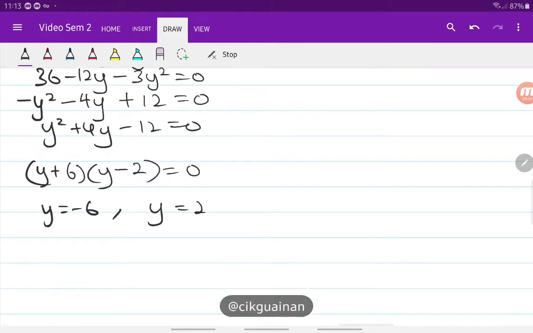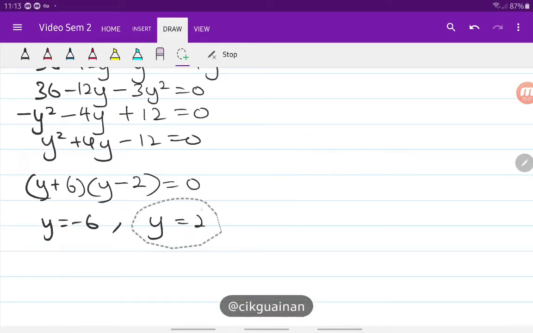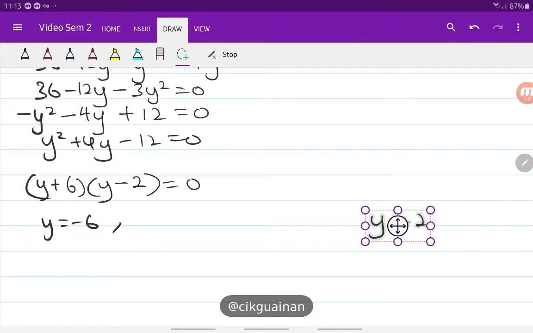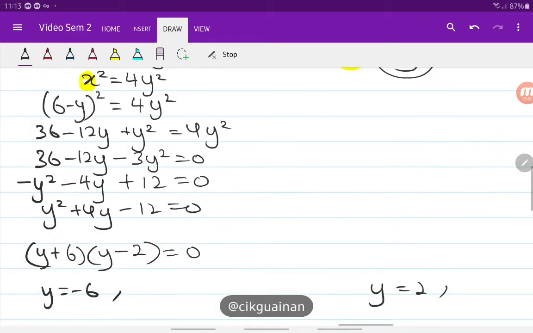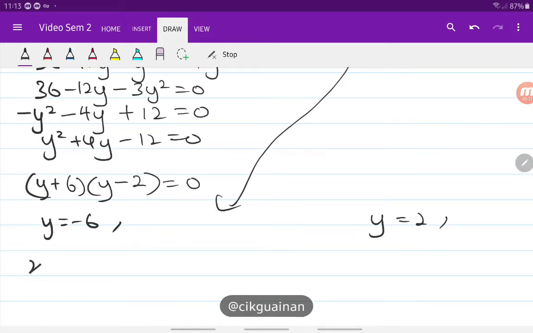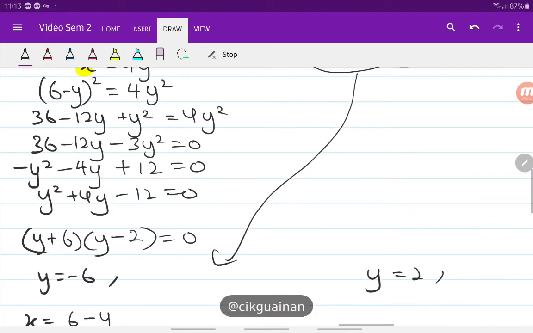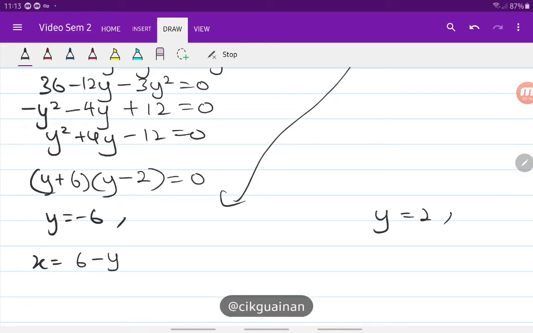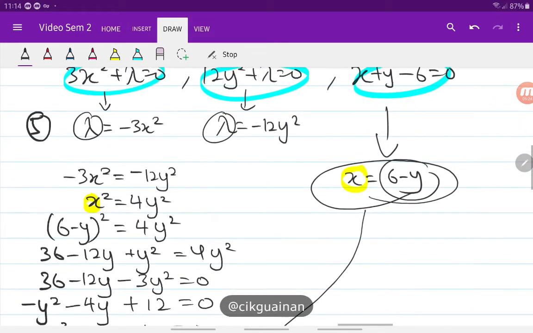Now y is known already, and x is 6 minus y. What is y? Minus 6, so x is 12. Now how about lambda?